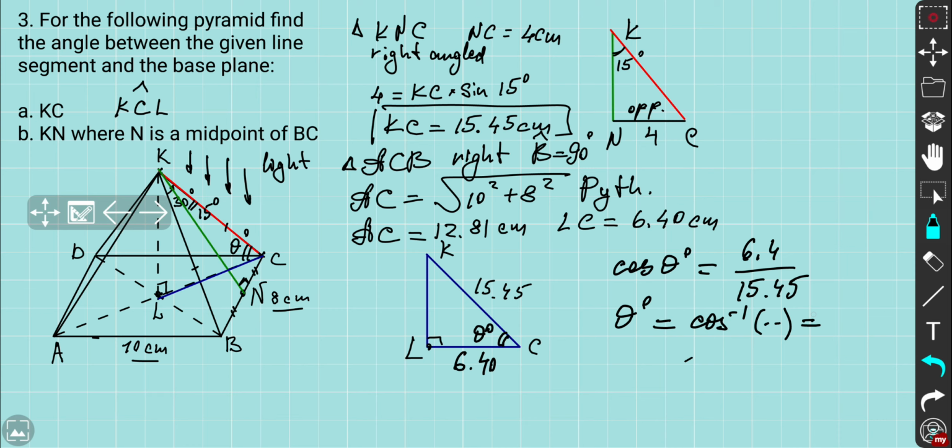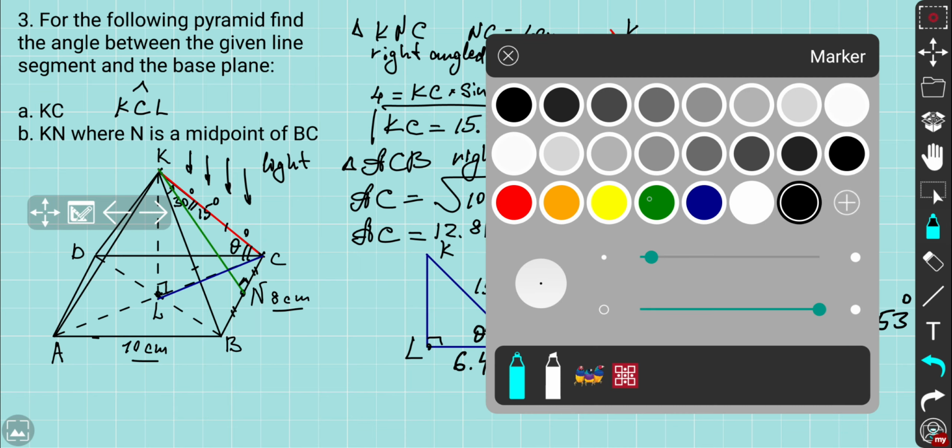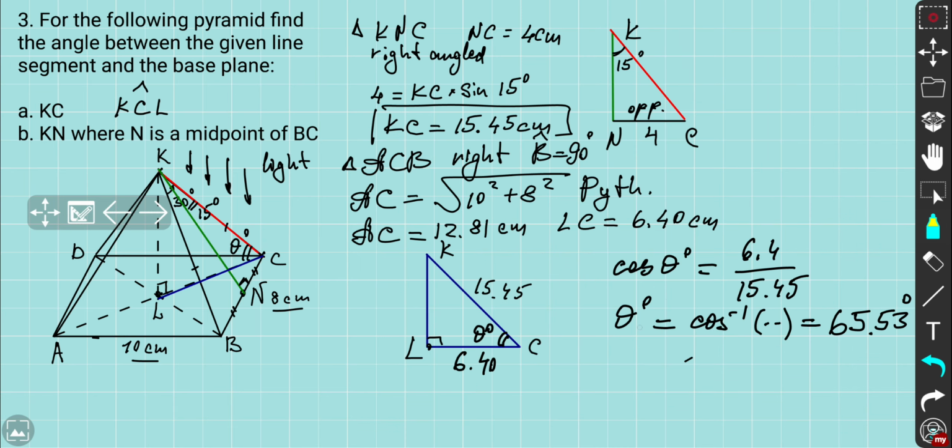The result is 65.53 degrees. Okay, so we found the first part of the question. We figured out angle KLC, which is 65.53 degrees, and that's the answer for part A.